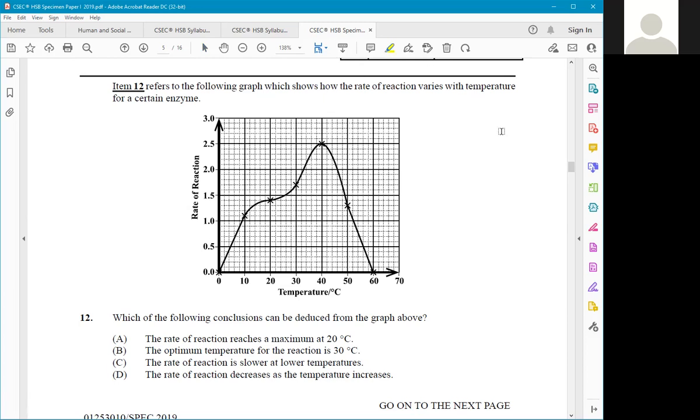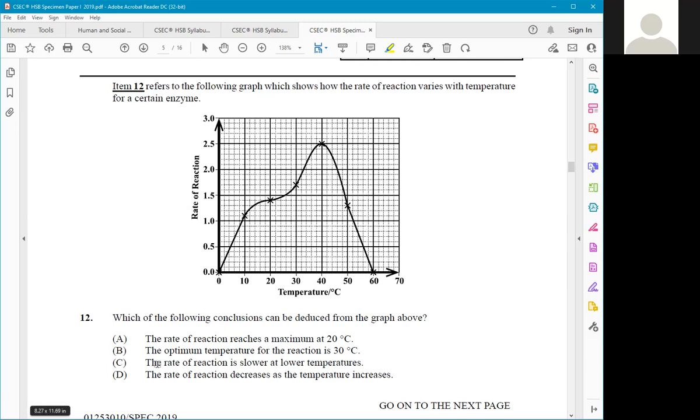I can't get my mark. Can't get my drawing tool. From 40 degrees to 60 degrees, the rate of reaction is decreasing as the temperature increases. So I could say that D is correct.